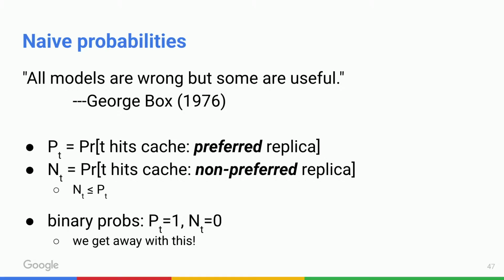There's a probability if you go to a replica where you're preferred for a given term, and all the non-preferred ones have some other smaller probability. So the non-preferred one should be less than the preferred one. Here's an example. Let's say you always miss cache if you go to a non-preferred replica, and you always hit cache if you go to a preferred one. I mean, this is insane. This is nuts, right? That's not going to happen, but it's still useful. So let's run with it for a second.